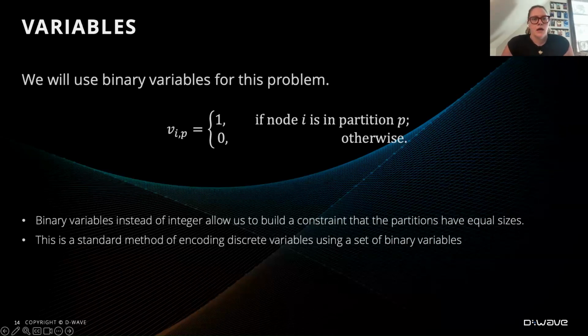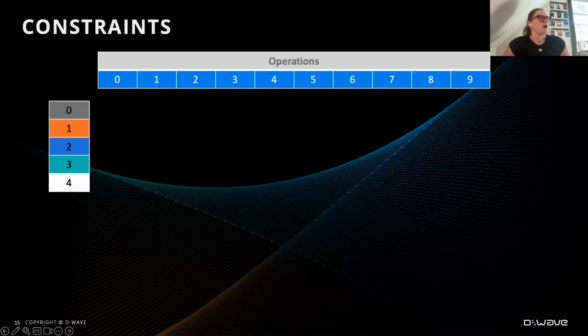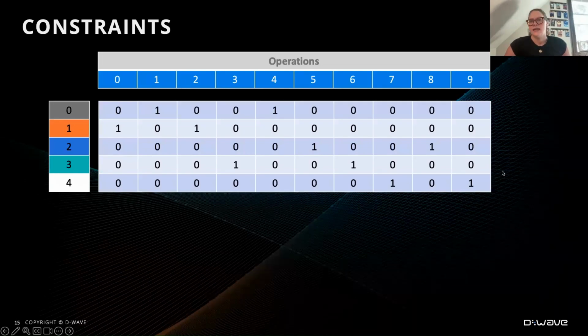Okay. So let's take a step back because we want to formulate our constraints next. But let's think about what the situation is for a specific assignment. So again, we have 10 operations and we have 5 computers to assign operations to. And with the binary variables we just discussed, we could make an assignment that looks like this.